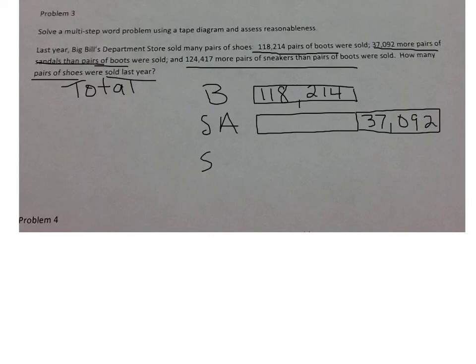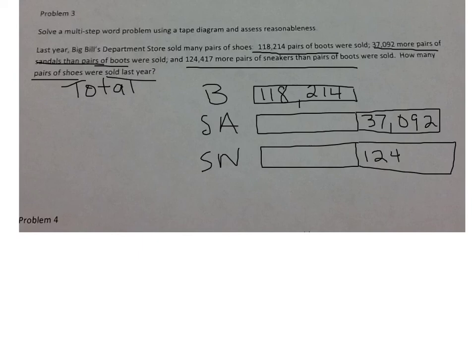And then we know our sneakers. Our sneakers were, again, the same amount of boots plus a lot more, 124,417 more than the boots. And we know that all of this together is going to give us our total pairs of shoes sold.